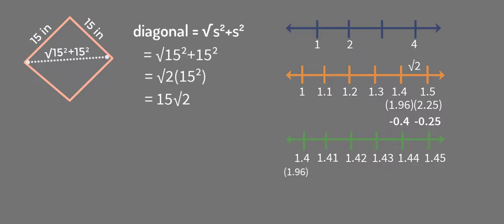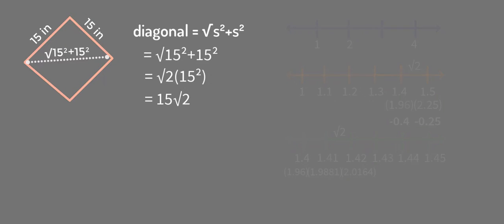You can use your calculators, or you can multiply it out using normal methods; you should get the same answer either way. With 1.41, when we square that, we get 1.9881. And with 1.42, if we square it, we get 2.0164. So now we know that the square root of 2 is somewhere between 1.41 and 1.42.